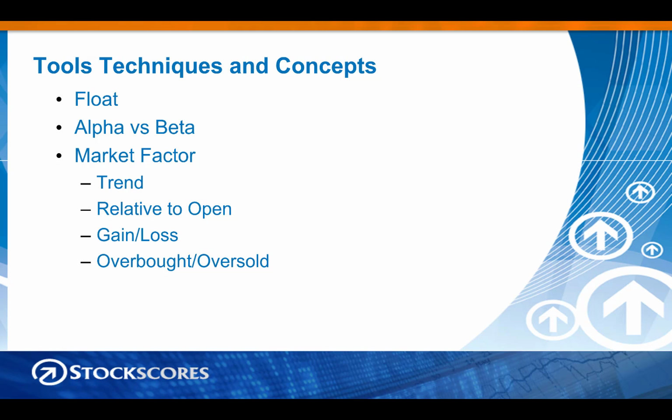Now imagine a stock that trades 100 million shares a day with a float of 2 million shares. That means that float is being turned over 50 times in one day. So we like low float stocks that are actively traded because there's not a lot of shares available to trade, but there's a big crowd wanting to trade them.